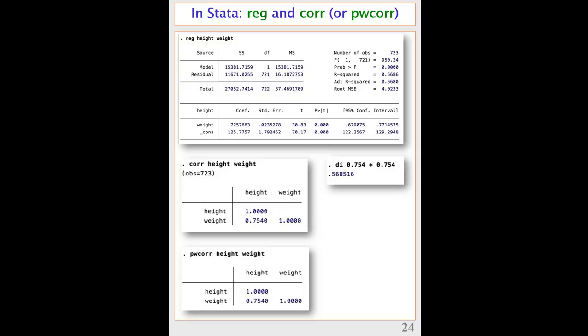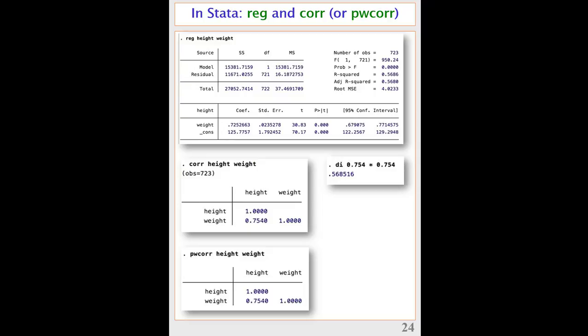Correlation is 0.75. If I square 0.75, I exactly get the 0.57 that I already had over there. So if I have only one interval x and one interval y, I can calculate the correlation through that correlation command, and I could have gotten it as well from simple regression by looking at that number over there.